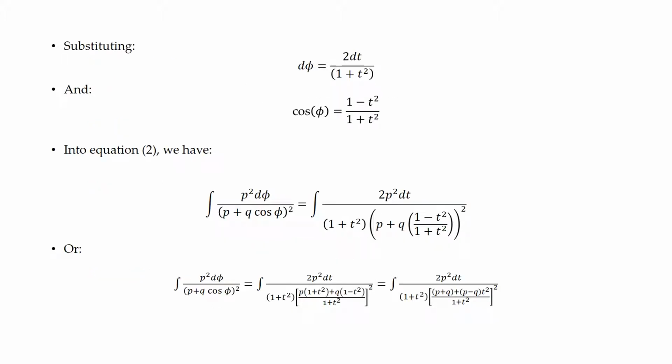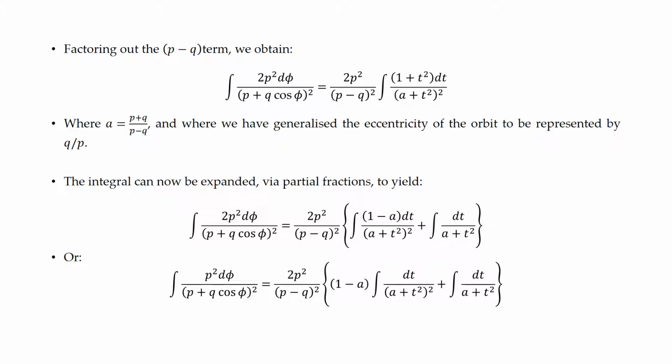Since we already deduced the derivative expression for d phi, also in terms of t in slide 4, we now substitute this and our cosine term into the original integral, again stated below. Note that we have set the eccentricity of the orbit to be equal to q over p, and so this factorizes out more easily and clearly to yield a much simpler to handle integral.